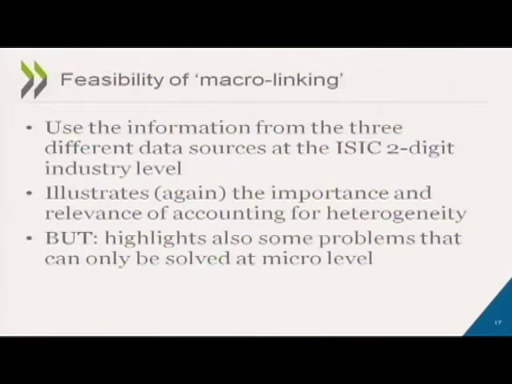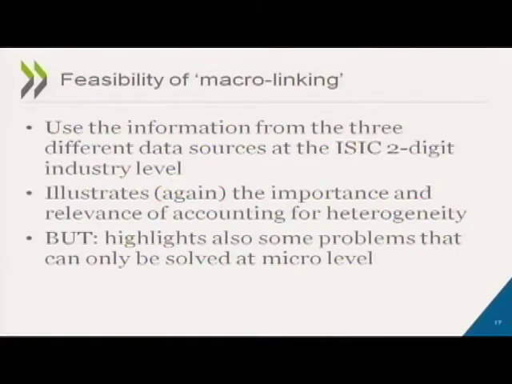However, we have industry information in our supply and use tables. We have industry breakdown in our FATS data. We have industry breakdowns in our tech data. We have industry breakdowns in our structural business statistics. So very crudely, at the industry level, we could combine this information in order to make a first assessment of what is possible in accounting for heterogeneity within the supply and use table.